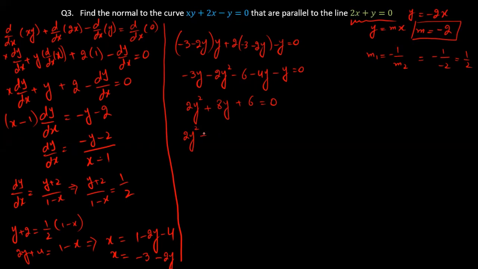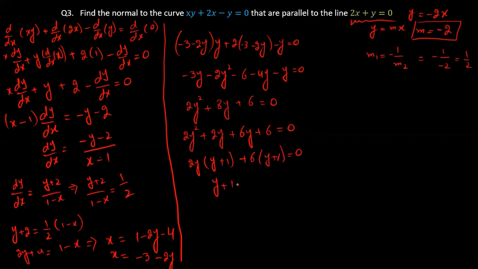2y square plus 2y plus 6y plus 6 is equal to 0, and 2y into y plus 1 plus 6 into y plus 1 is equal to 0.